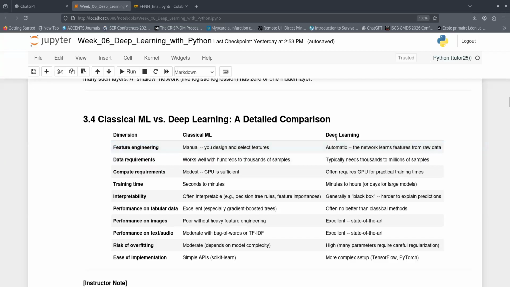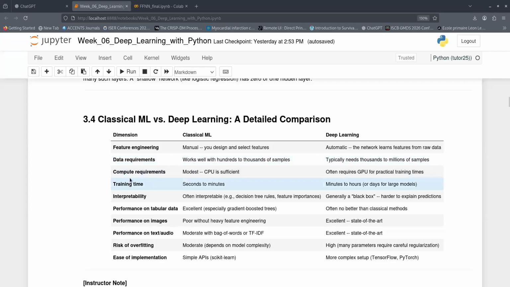But for deep learning, it's not the case. The feature engineering here is automatic. So I cannot design and select my features, but my network learns features from my raw data. This is the first difference. You have the data requirements. Classical works well with 100 to 1,000 samples, but deep learning typically needs 1,000 to millions of samples.